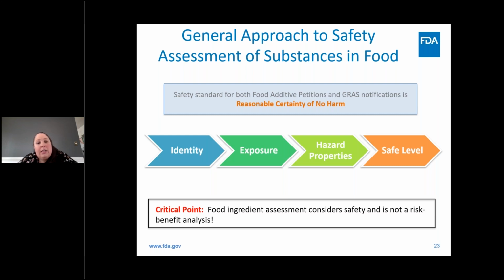We don't do this because with food ingredients, unlike drugs, drugs are typically not consumed for the entirety of one's lifetime, but food and beverages are. So in many ways, a food ingredient safety assessment is actually more strict because we only rely on safety data and we don't take into account any sort of benefit analysis.